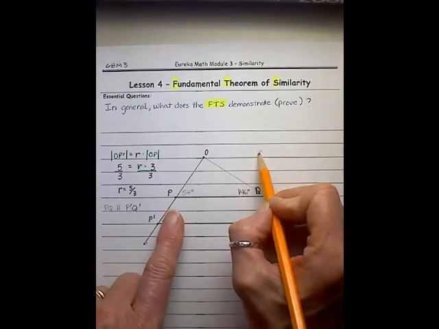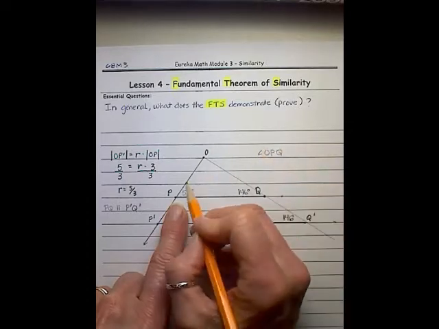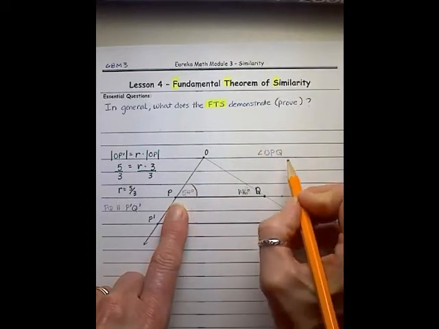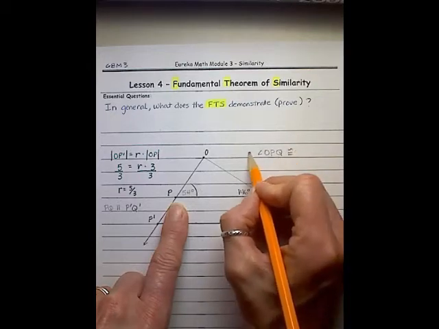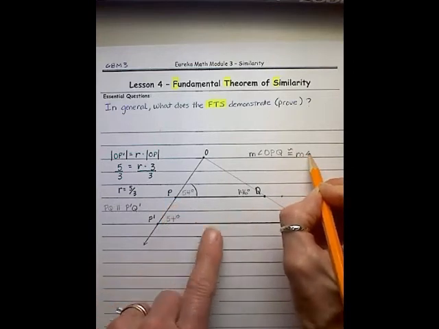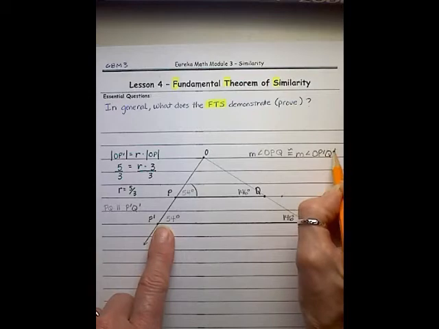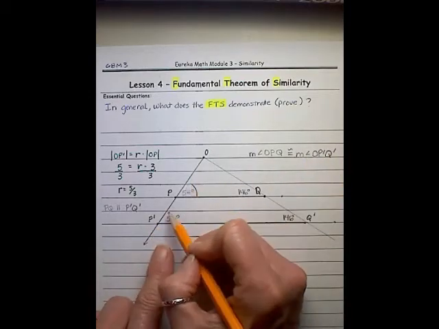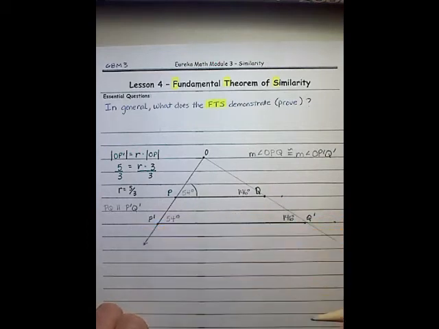So I know that angle OPQ, and I'm going to mark that with one arc, is congruent to the measure of angle OP'Q'. These are corresponding angles on parallel lines, and they are congruent.